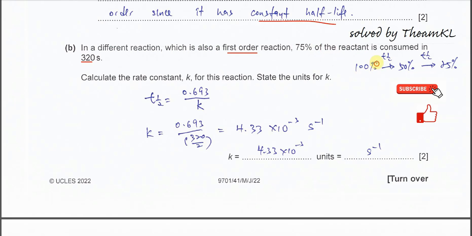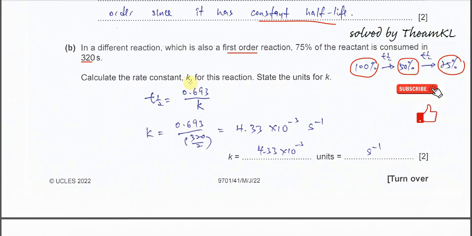So from 100% to 25% goes through two half-lives. 100% to 50% is the first half-life, 50% to 25% is the second half-life. So it needs to go through two half-lives.